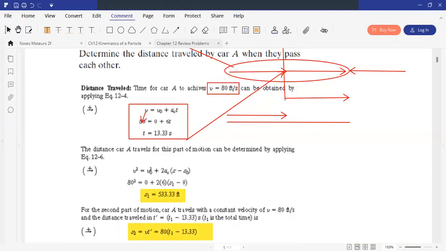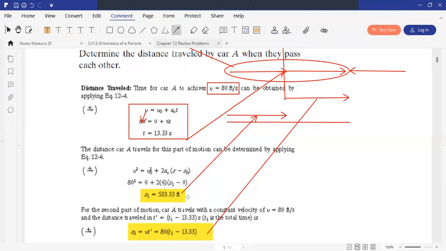Okay, and here this distance represents only this part, and this distance represents only this part. If I want to find the total distance, I should write S total equal to 80 times t1 minus 13.33 plus 533.33. Okay, clear until here?